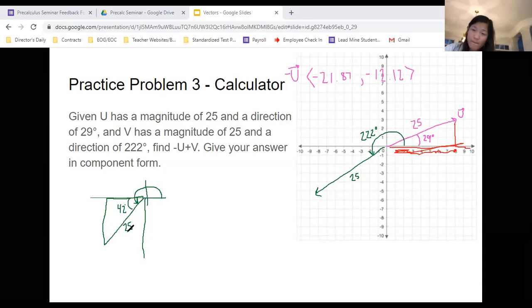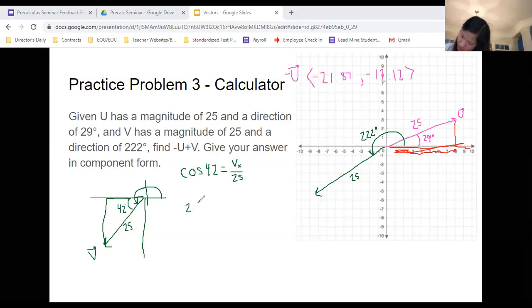So I'm going to go ahead and find the components of this. For this one, we'll do x first. I know I did y first on the last one, but we'll set up cosine of 42 equals adjacent. Oh, forgot to label my vector. This is vector v. The adjacent is the x component of my vector over 25.